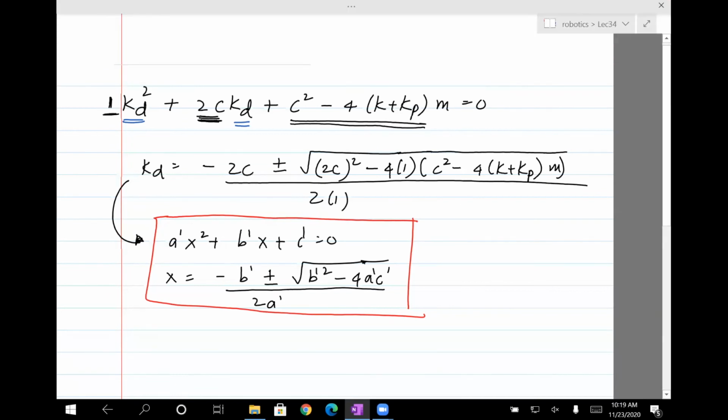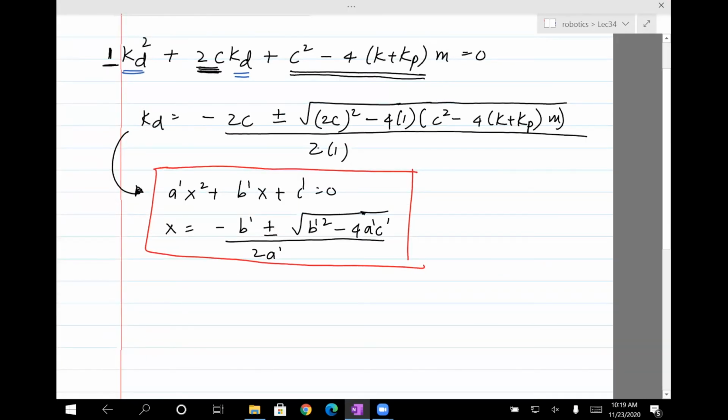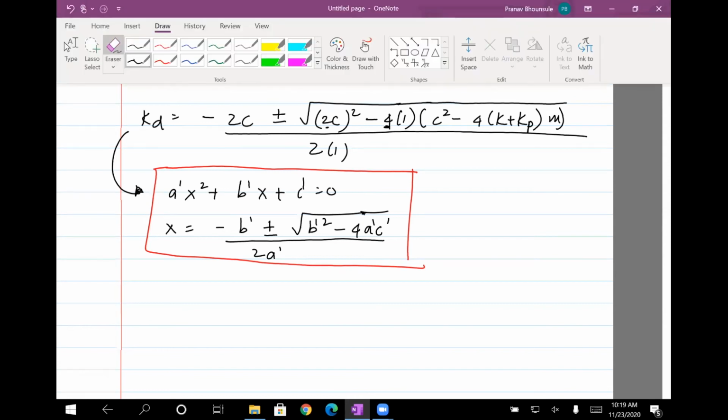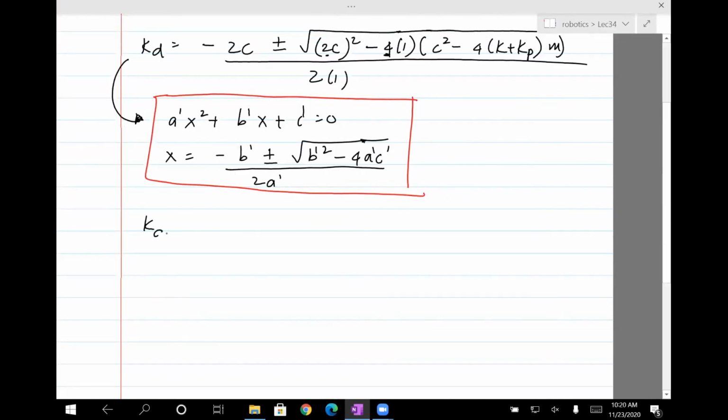Now, what I can do is cancel off the common 2. I can pull the 4 out, and 2C squared becomes 4C, and I get Kd equals minus C plus or minus the square root of C squared minus C squared plus 4 times K plus Kp times M, and then the C squared cancels with the other C squared.